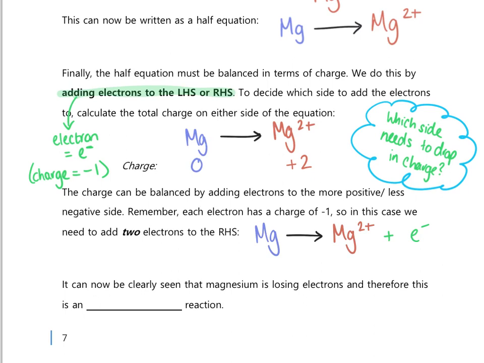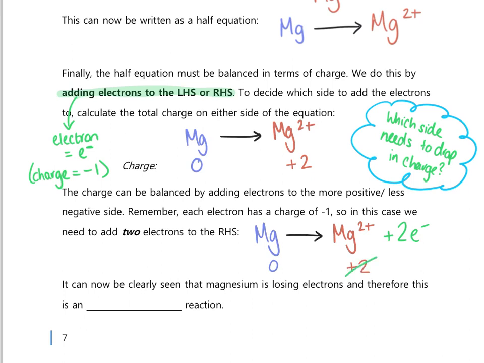But I need to think, how many electrons do I need to get these charges to match? If I add one electron to the right hand side, that would bring my overall charge down to +1, because I've got 2+ here and then minus 1, so that's still +1. So I actually need 2 electrons in order to cancel out that +2 charge, because originally our charge on the left was 0 and our charge on the right was +2.